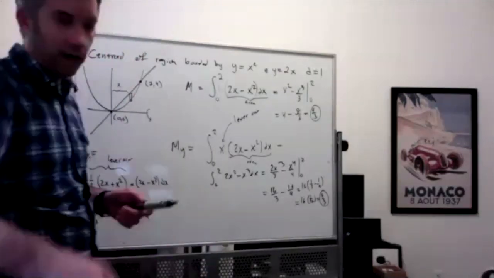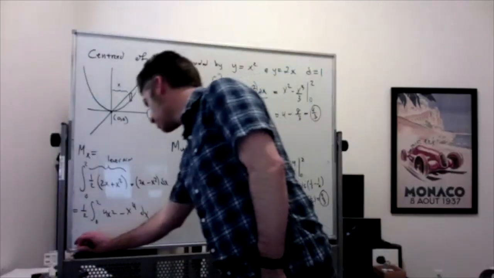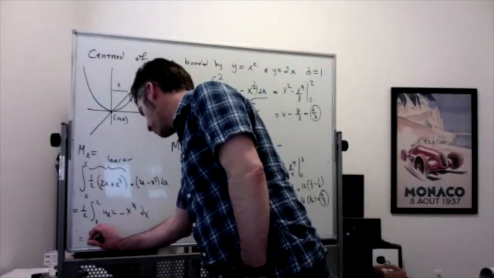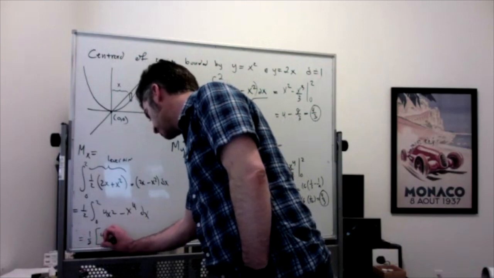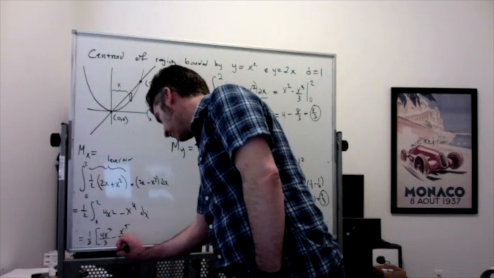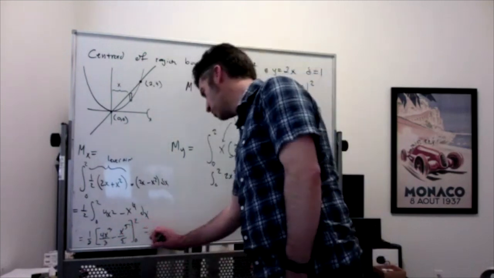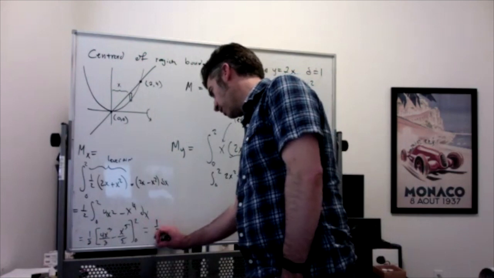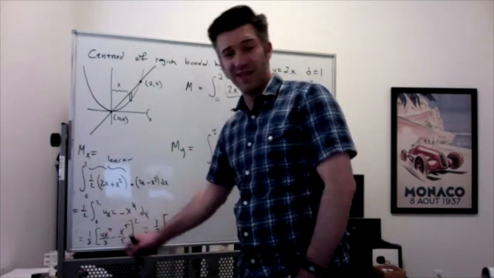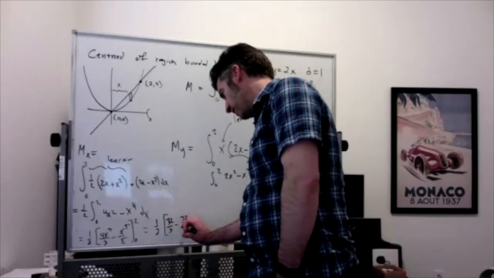Totally cool. And then we integrate this. We get 1/2 of 4x cubed over 3 minus x to the 5th over 5 from 0 to 2. Plugging in 2, we get 1/2 times 4 times 8 is 32 thirds minus 32 fifths.